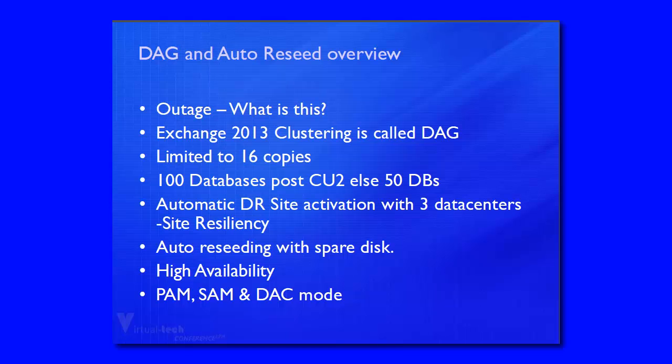Talking about the DAC mode is very important, especially when we have two data centers, as it will avoid the split brain syndrome. Just in case there are two databases and they both get disconnected from each other, it will avoid the split brain syndrome, which means both will not feel that they should get activated. How it does this is it assigns 0 and 1 bits.